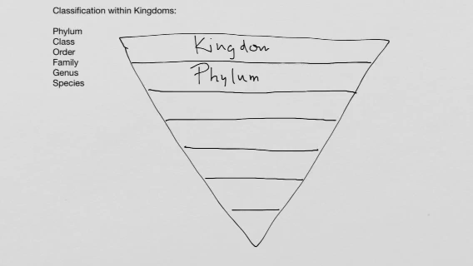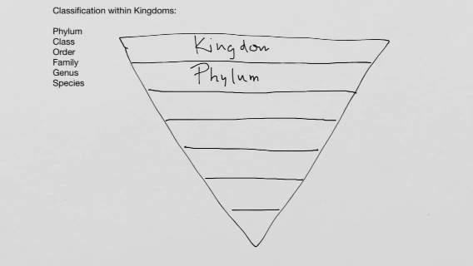Back in the 1990s, there were an established 11 phyla within Kingdom Animalia, and now it's much more specific, and we've got 34 phyla. This includes everything that is considered to be an animal, ranging from sea sponges and sea stars to sharks to mammals to insects. Kingdom Animalia is very, very broad.